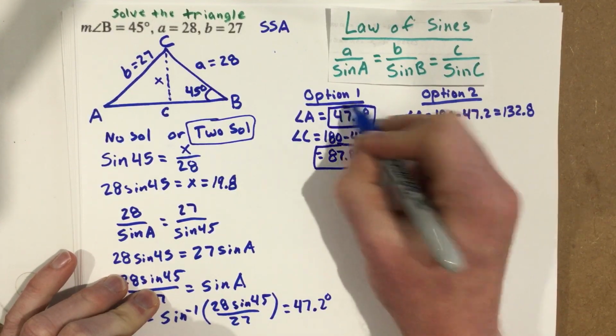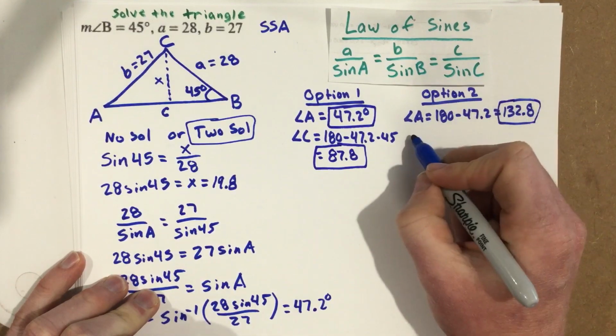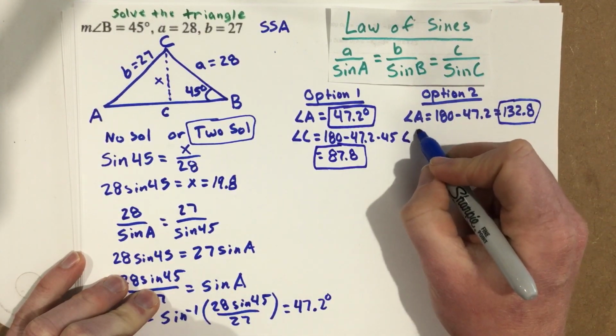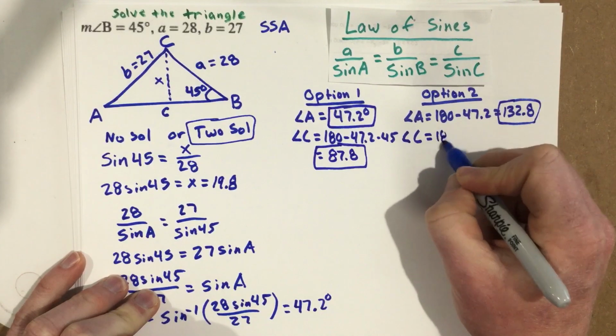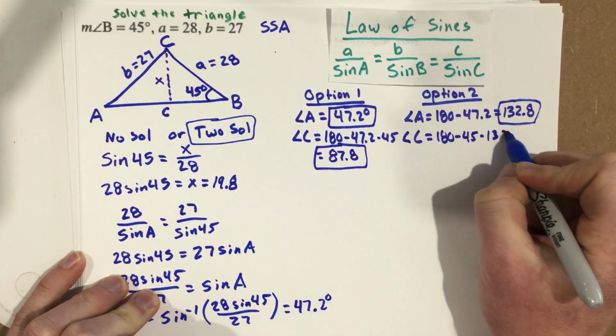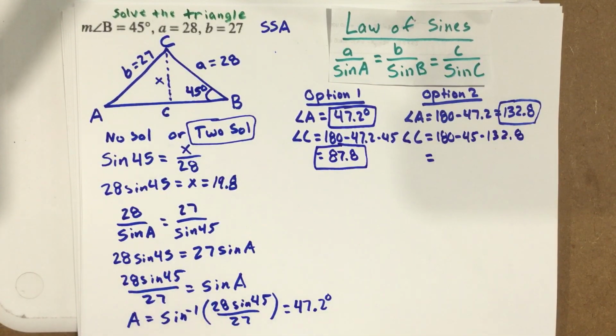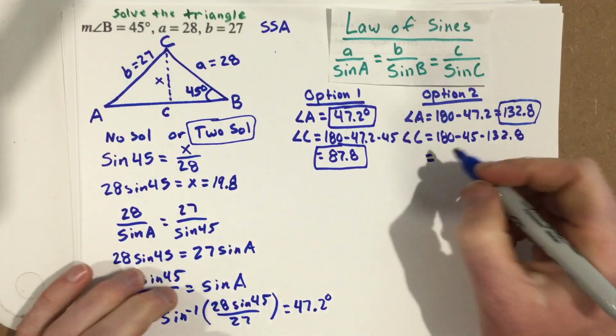So we got two pieces of information in option 1. Option 2, angle C equals 180 minus 45 minus 132.8, which would make that be 2.2 degrees.